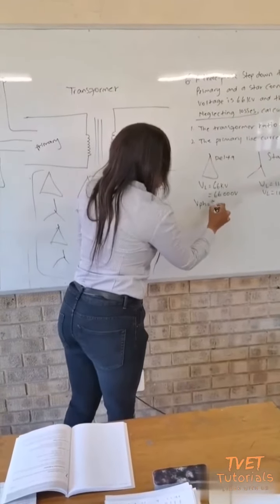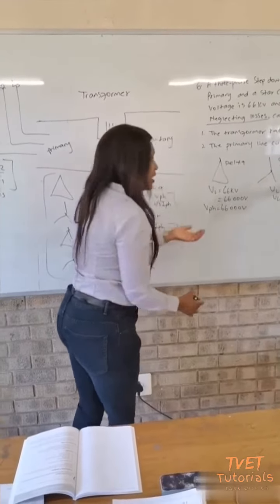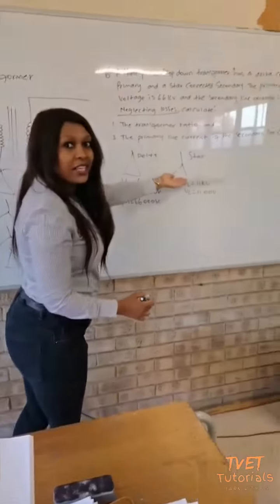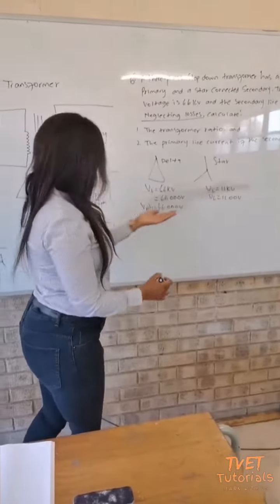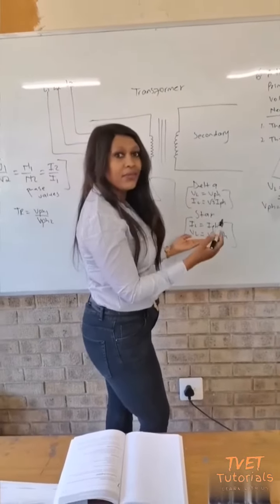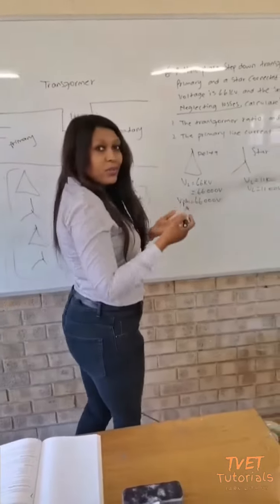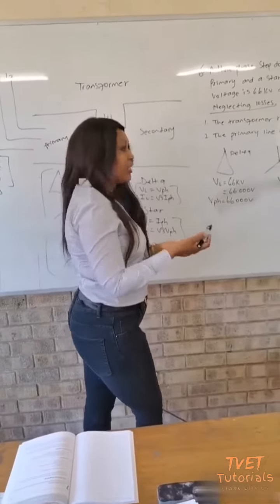So the V phase will also be 66,000 volts. But in star, V line is not equal to V phase. So we need to calculate the V phase because we need the V phase in both primary and secondary sides to be able to calculate the transformer ratio.